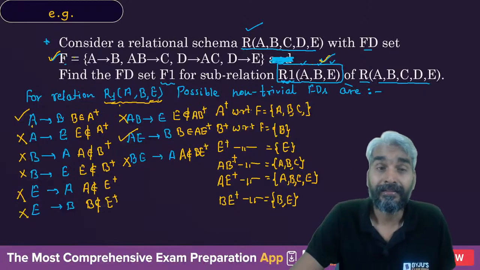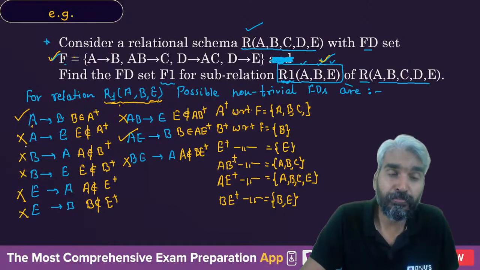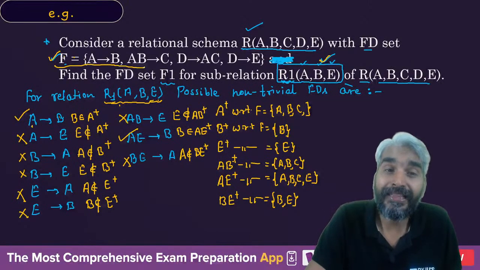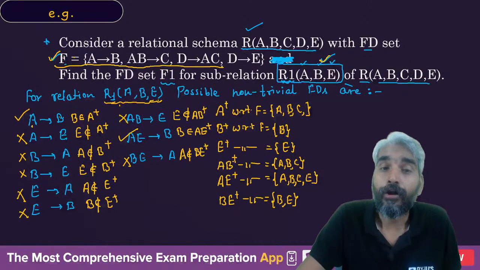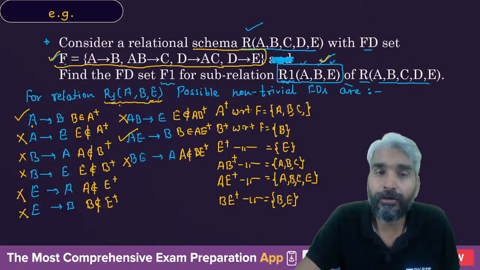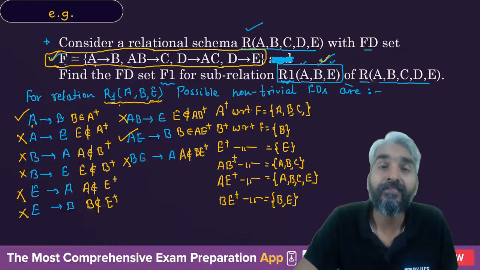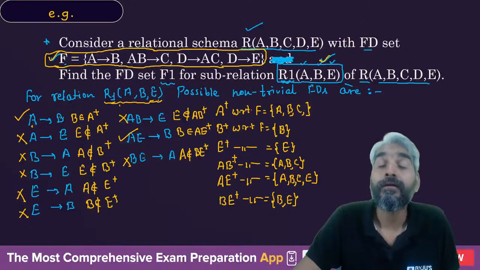Now you will check which of those possible non-trivial FDs are implied by the original FD set F. All the non-trivial FDs which are implied by the original FD set F will be members of the FD set of relation R1.